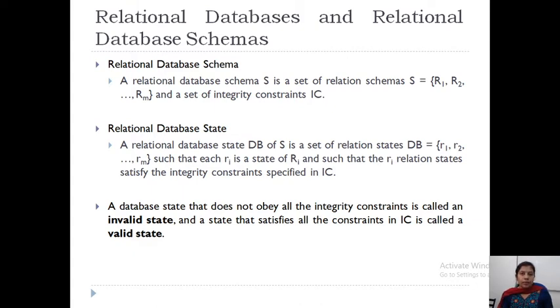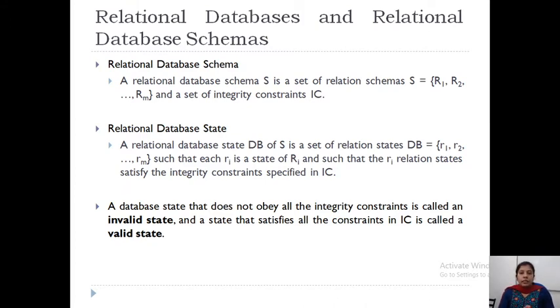See, a relational database means you will have multiple relational schemas and certain constraints that you have specified. And a relational database state means for each individual schema you have to see what the state of those relational schemas is and whether it satisfies the constraints. Relation states which satisfy the integrity constraints are considered a valid relational database state.